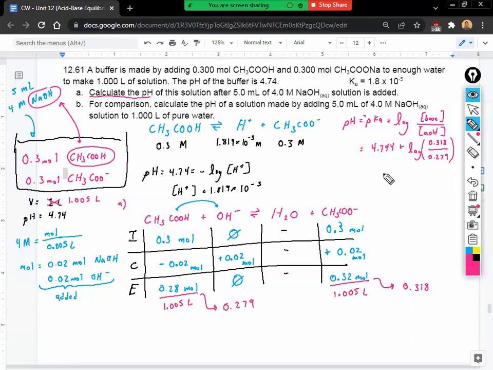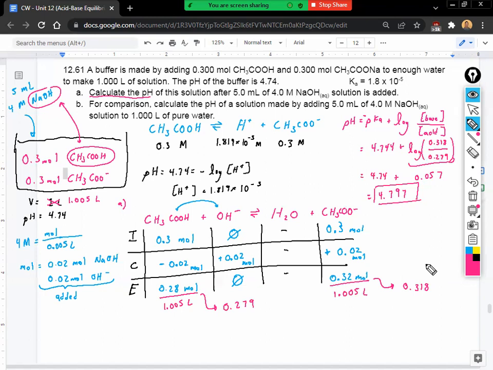That's going to get us a value right here. The log is going to become 0.057, rounded. Then 4.74. So we're going to add those two together, and you should get a value of about 4.797. And so that is going to be the pH of your buffer after you add the sodium hydroxide in it.